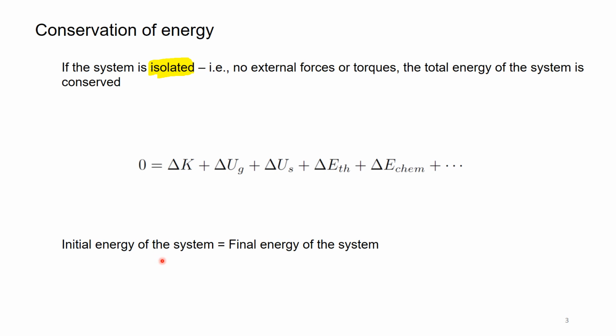This is also known as the equation that the energy of the system at some initial point equals the energy of the system at a different point, at a different time. So initial energy equals final energy. That's what conservation of energy says. This applies when there is no external work done on the system, so there are no external forces or torques, no external agent that applies a force or torque on the system and does work on it.